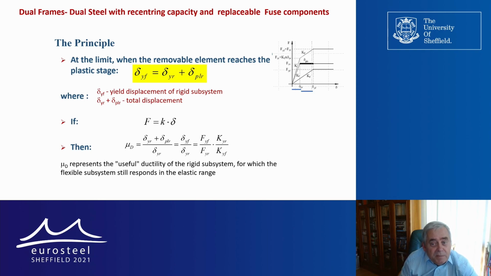Why? Because this must remain in elastic stage in order to be able to contribute to recovering of initial position, if we will be able to remove the deformed members, the ductile ones, in the rigid component. Let's go.